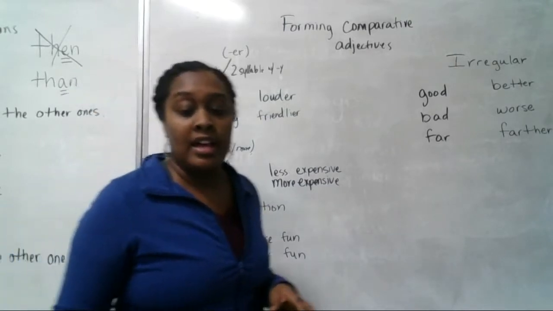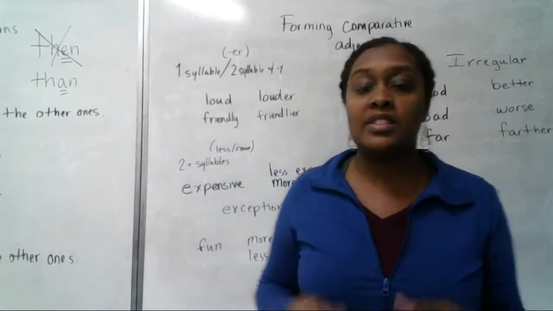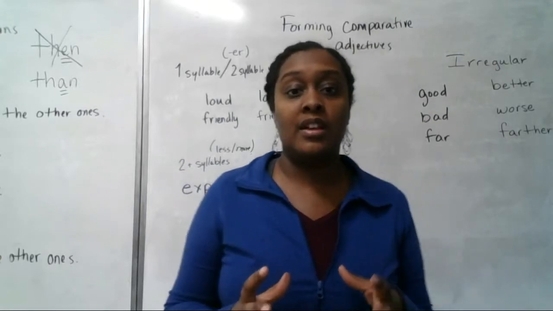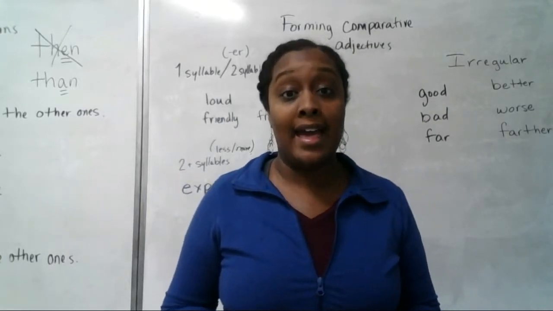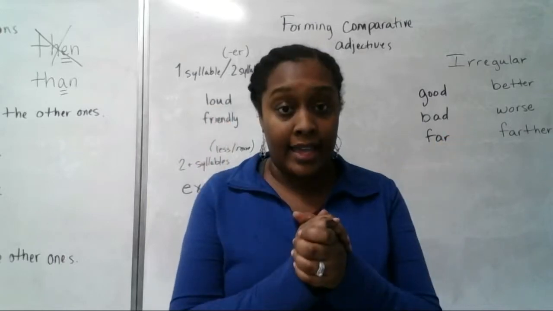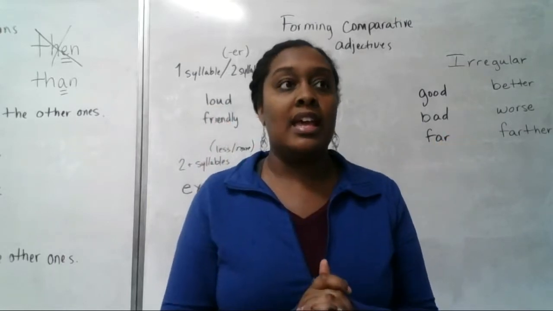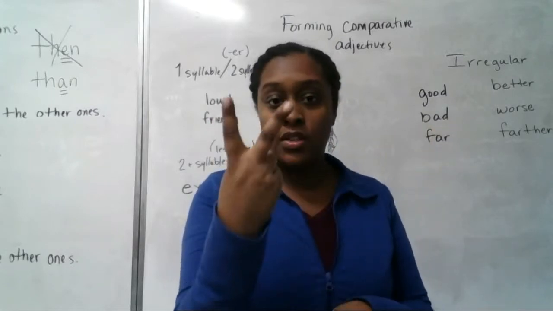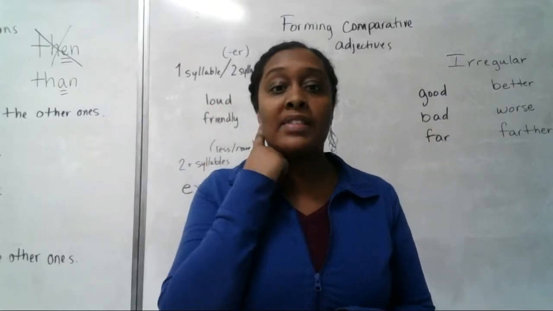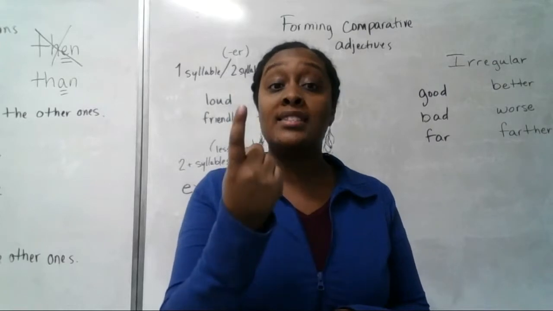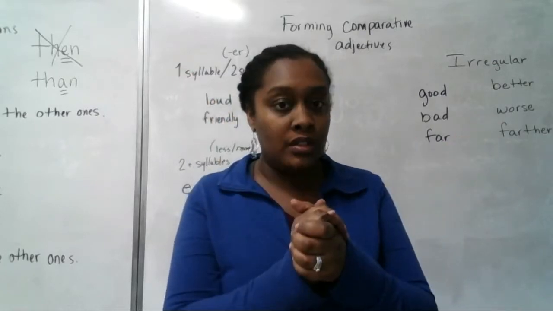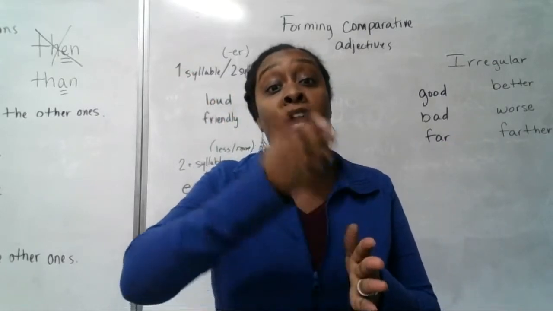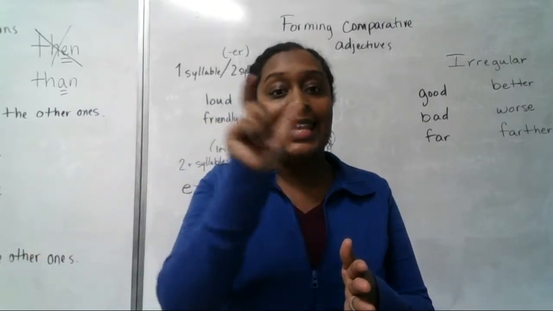Okay, so first of all, what is a syllable? So the syllable is the sound of the word. So if I say hi, right? Hi, one syllable. If I say happy, happy, two syllables. So this is about the sound. So if there's one syllable, loud, if we make it a comparative form, we say louder.